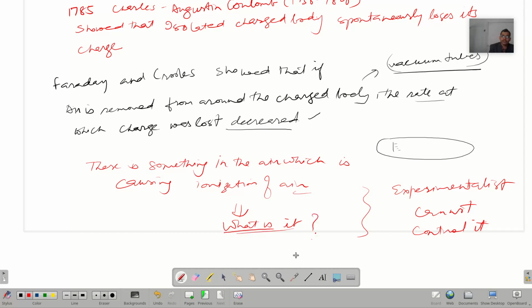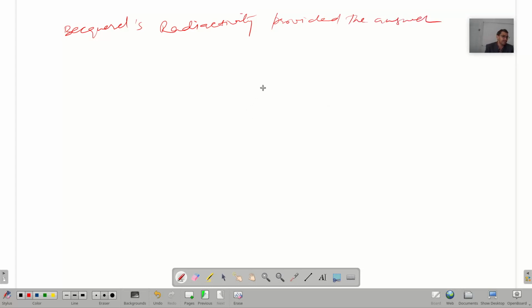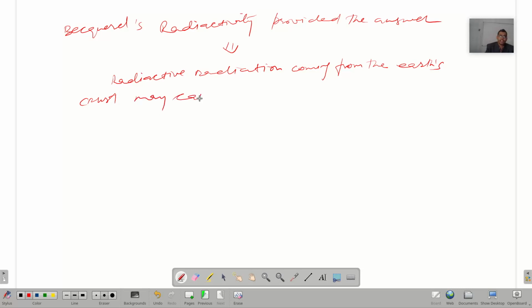Then, to provide the answer to this question, Becquerel's radioactivity provided the answer. It means radioactive radiation coming from the Earth's crust may cause ionization of air.